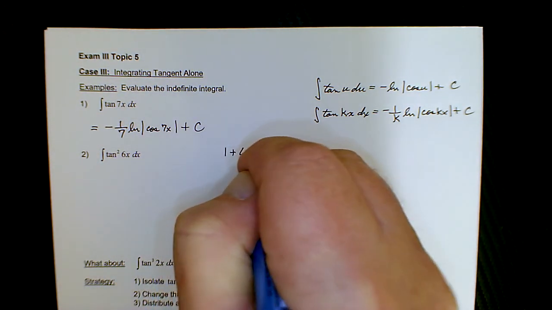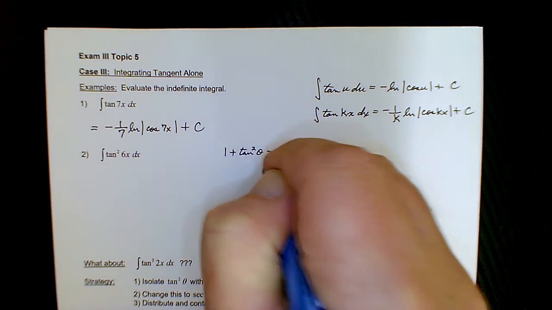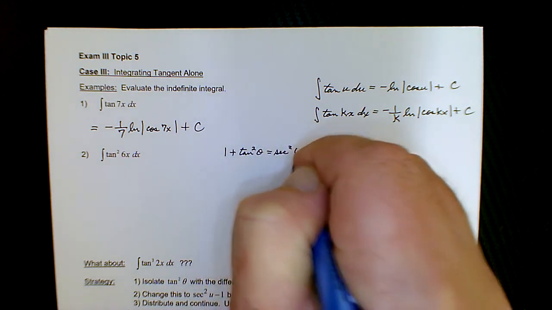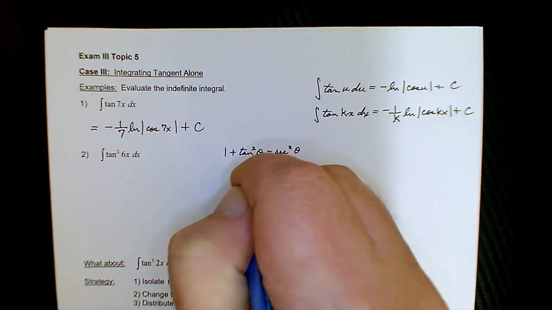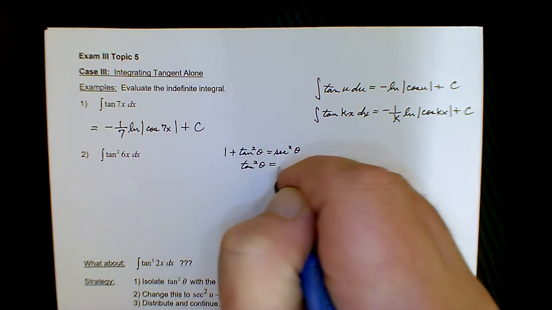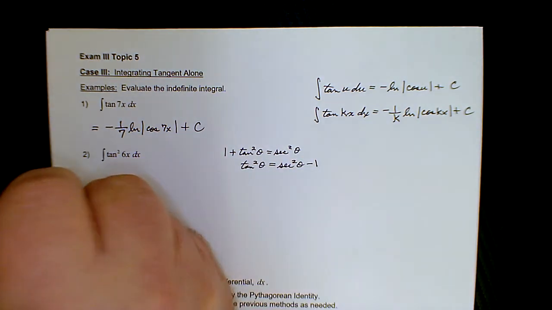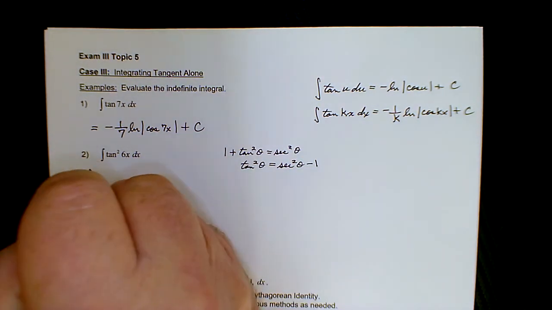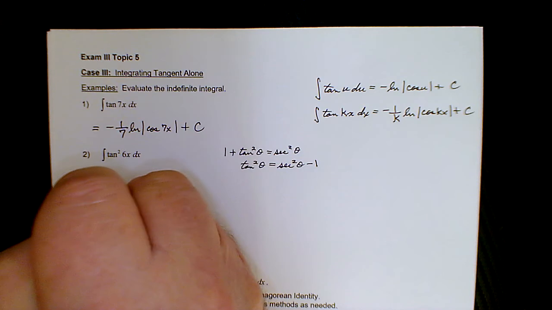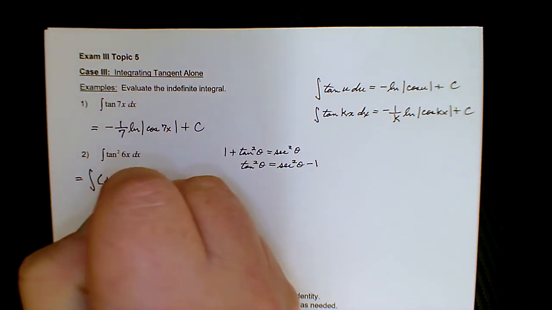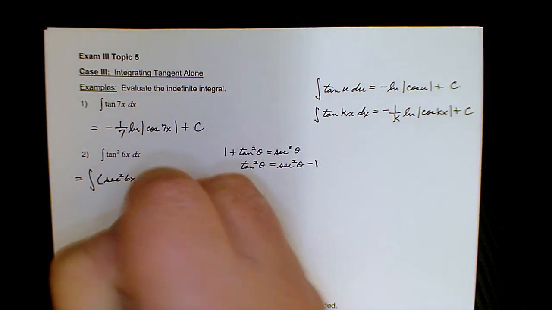So we have that 1 plus tangent squared theta is secant squared theta. If we isolate tangent squared theta, that's secant squared theta minus 1.